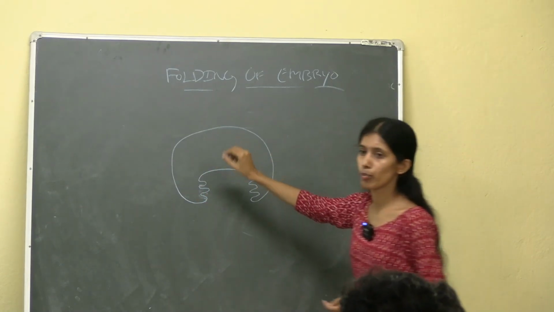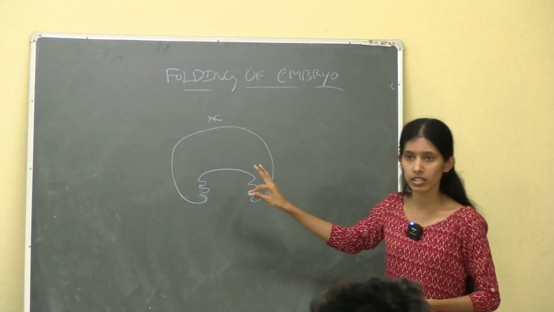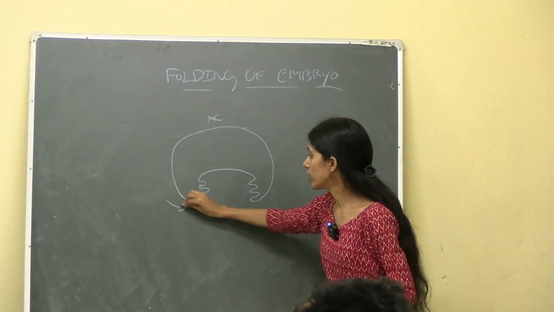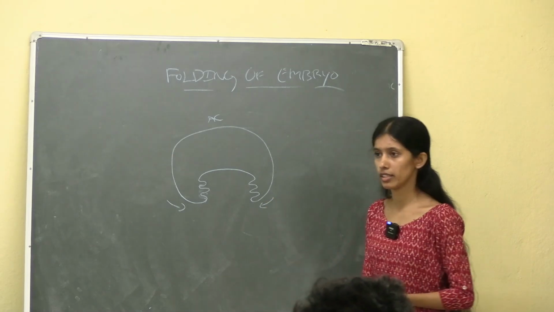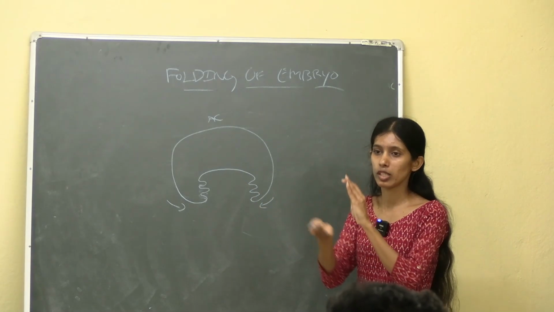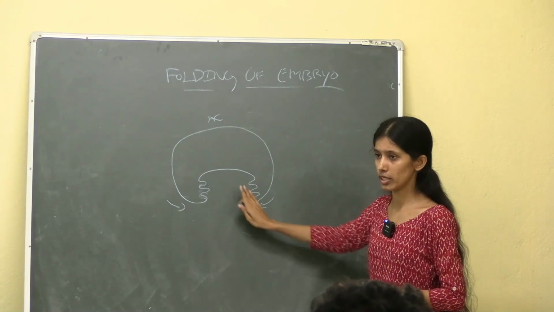This is your amniotic cavity. It has increased in size, so we can see the foldings on the cranial and caudal ends. Okay. Now your yolk sac, whatever is present below your amniotic cavity, will get incorporated into this area.